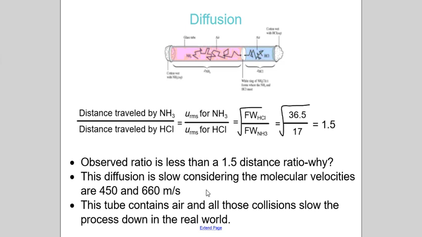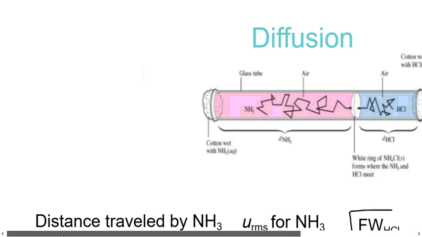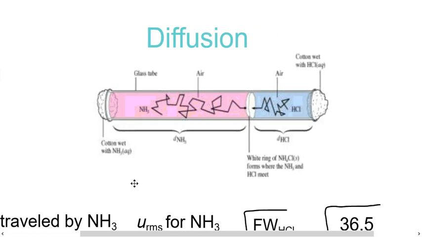So this is what you should get ideally, but the real world doesn't quite work out like that. The air in both of these containers, I'm going to zoom in so you can see the container a little bit better. So this is the glass tube that we're dealing with. These things are moving around randomly.